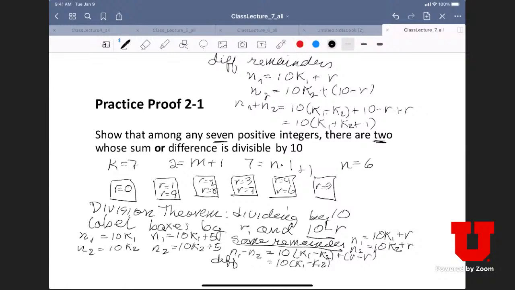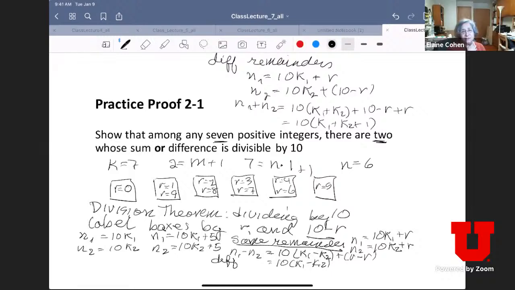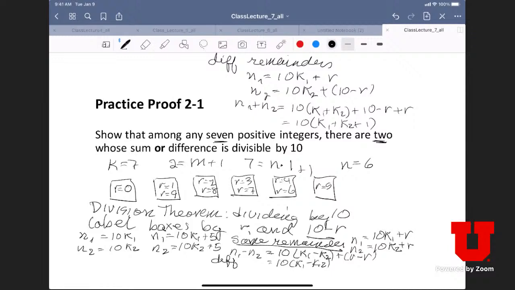I guess another way of asking this question is, we're relying on the fact that the sum or difference is divisible by 10. But if we were to say the sum and difference is divisible by 10, this proof would fail. That's because it's not true. Exactly. So are we ever going to be asked to show that a pigeonhole principle as presented is not true?